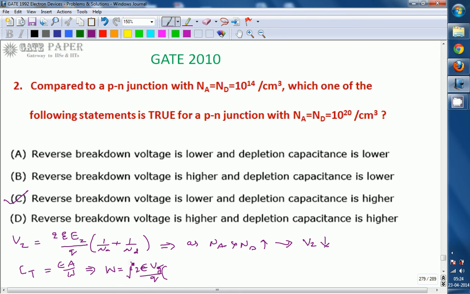W is equal to root of 2 epsilon Vj into 1 by Na plus 1 by Nd. This is the width of depletion region equation for a PN junction.